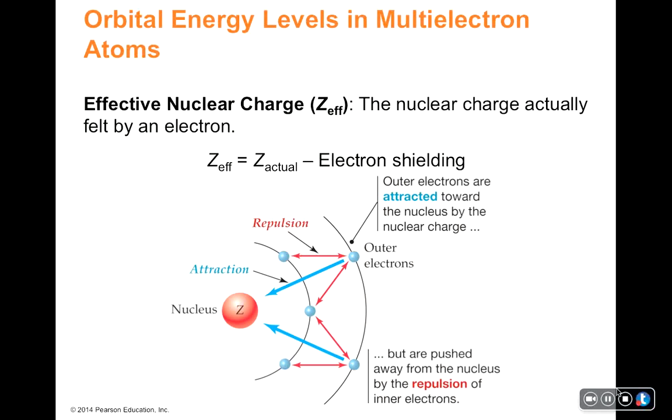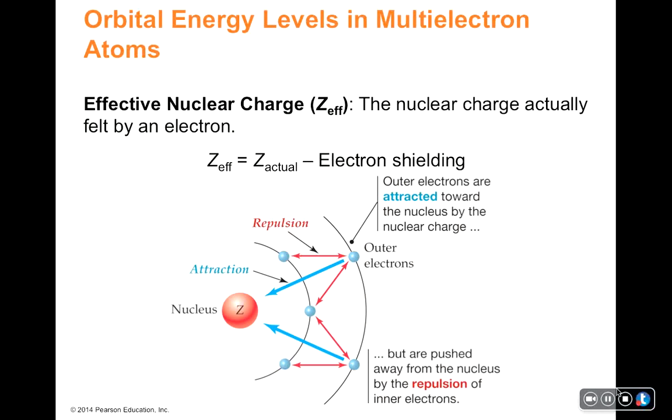This is an important concept first shown here. We'll come back to this more and more as we look at interactions between atoms. But it's this idea of effective nuclear charge. It essentially means that as electrons get further and further from the nucleus, they are effectively shielded from the pull of the nucleus, or essentially from its attraction.